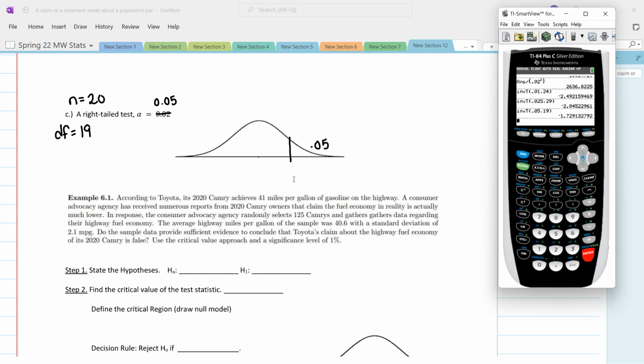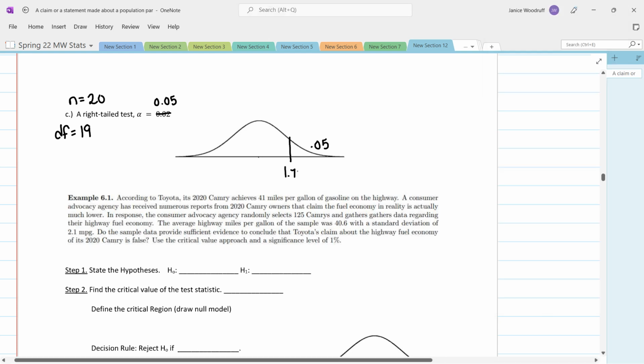So 1.729. Okay, that is your test statistic, your t value. Sorry, that's your critical value. Your test statistic, if it is greater than 1.729, then we will reject. And if it is less than that, then we will fail to reject.